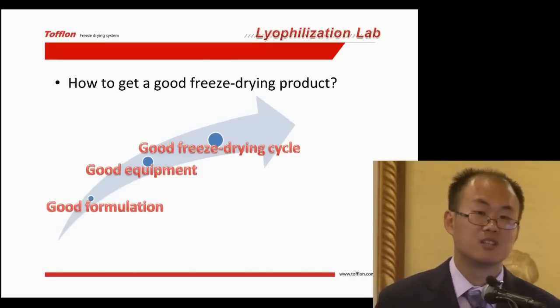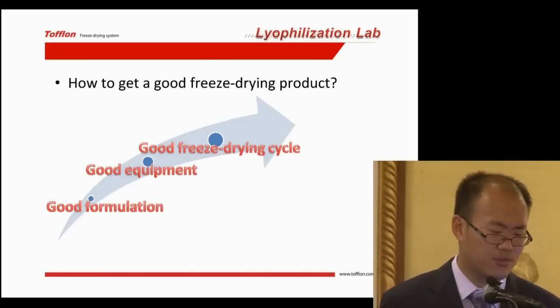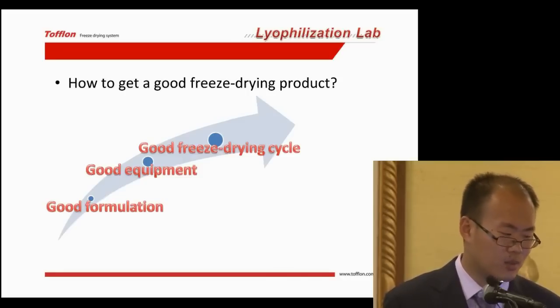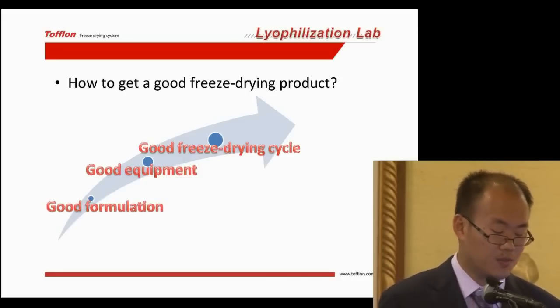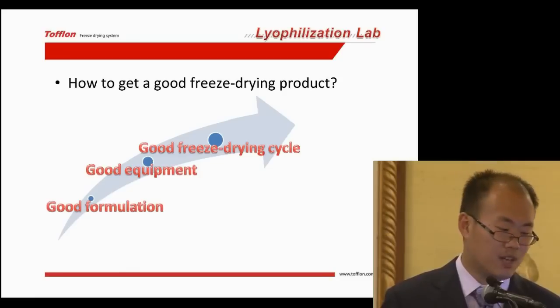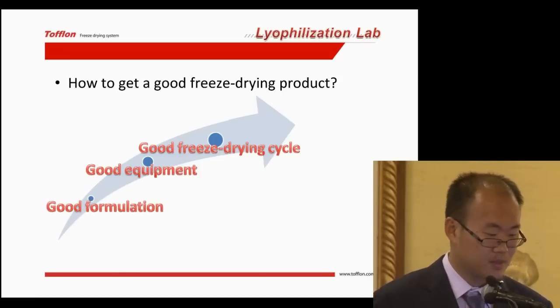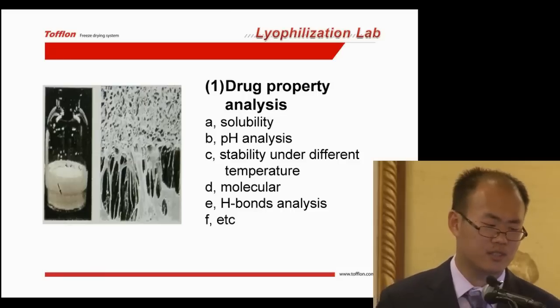We think three things are needed. First is a good freeze drying cycle, the second is good equipment, and the third one is good formulation. So today I want to talk about the first, a good freeze drying cycle.